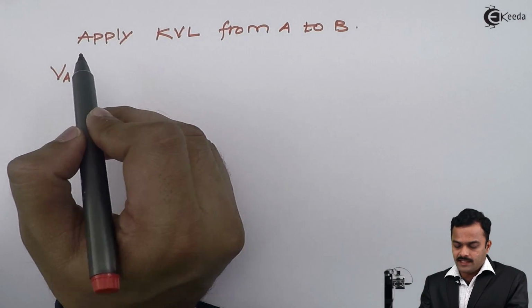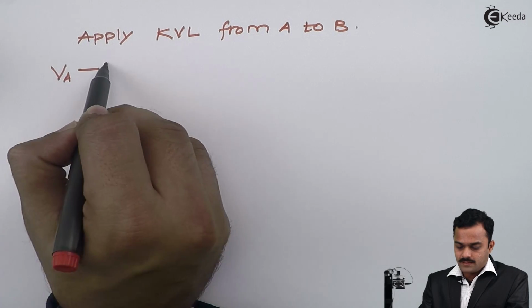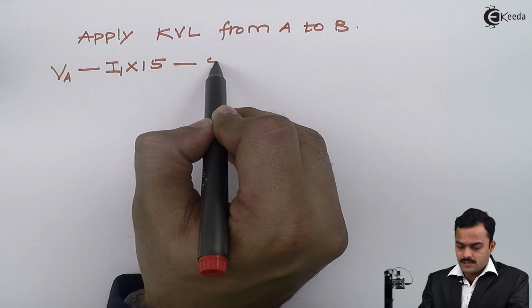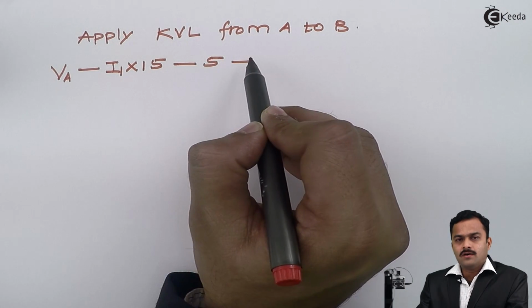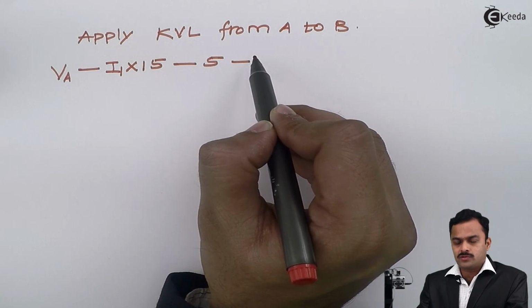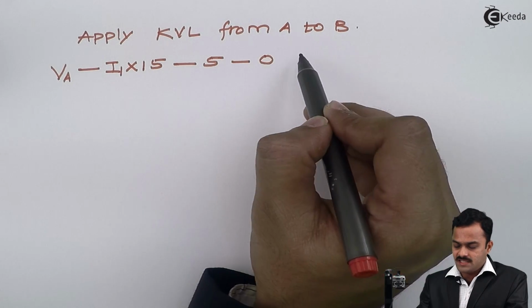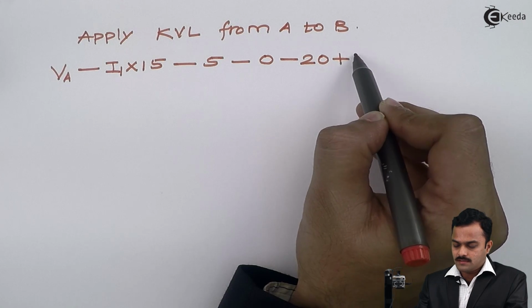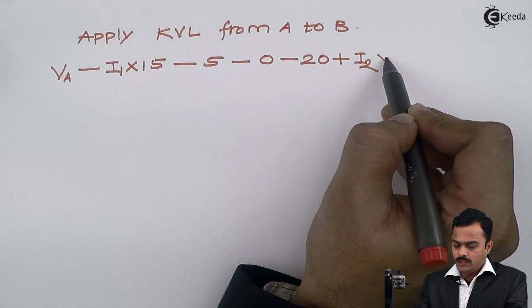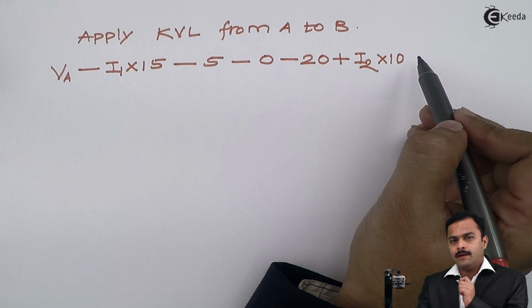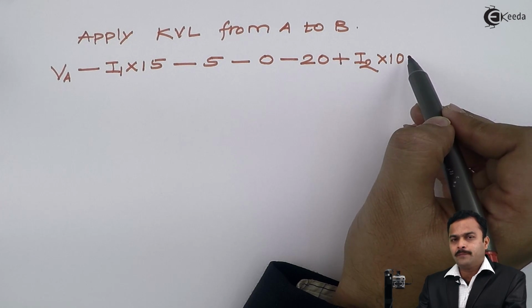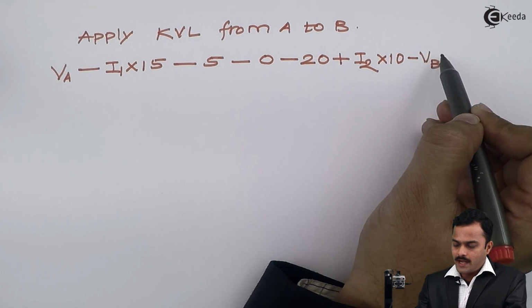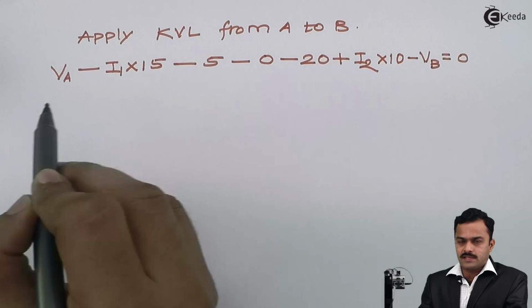So I will write the equation. Starting with A, VA minus I1 into 15 minus 5. Since there won't be any current flowing through the 4 ohm, the potential drop is 0. Minus 20 plus I2 into 10, and finally I am ending my loop at point B. So I will consider B at lower potential, so minus VB equals 0.